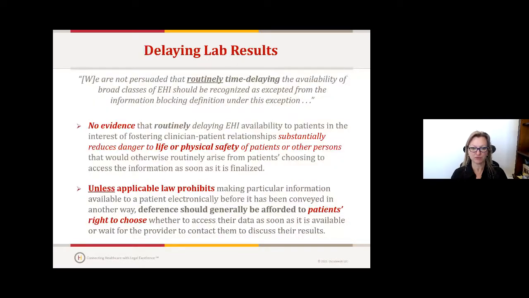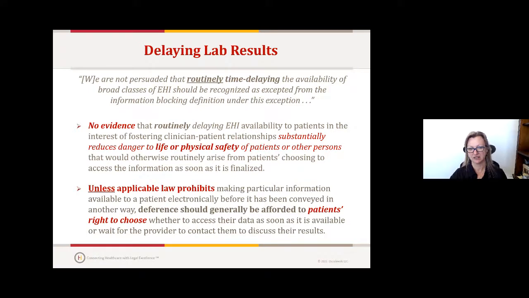Okay. With regard to lab results, this issue came up again. Many physicians, clinicians, and commentators mentioned, hey, we really need to delay these lab results because this person just got diagnosed with cancer, or the lab result just diagnosed this person with a hereditary disease that the clinician needs to buffer and explain.